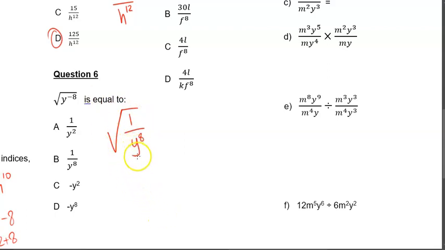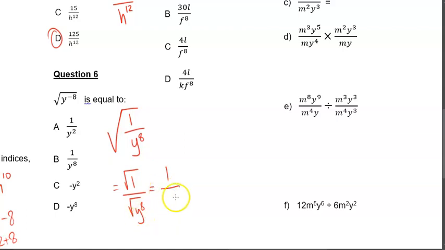That's the first part. The second part is that we can split this square root to both the numerator and the denominator. So this will be the square root of 1 over the square root of y to the power of 8. We know the square root of 1 is just 1, because 1 times 1 gives me 1.